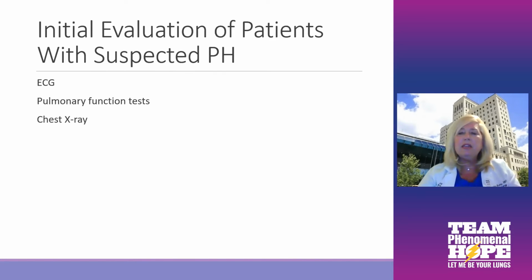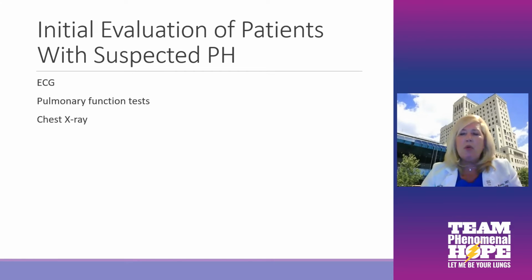So we start with the initial evaluation of patients with some basic testing. An electrocardiogram can show us signs of an enlarged right heart. It can show us signs of a pulmonary pattern or a lung pattern on the electrocardiogram. So we usually start with a basic electrocardiogram. We get pulmonary function tests, which is a test that looks at the lung volumes and the ability to take oxygen out of the air we breathe and pass it through those tiny capillaries.